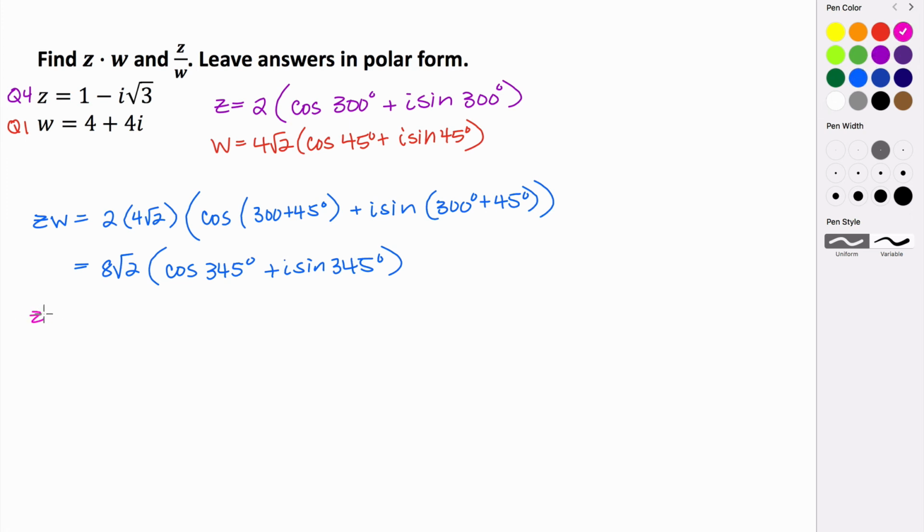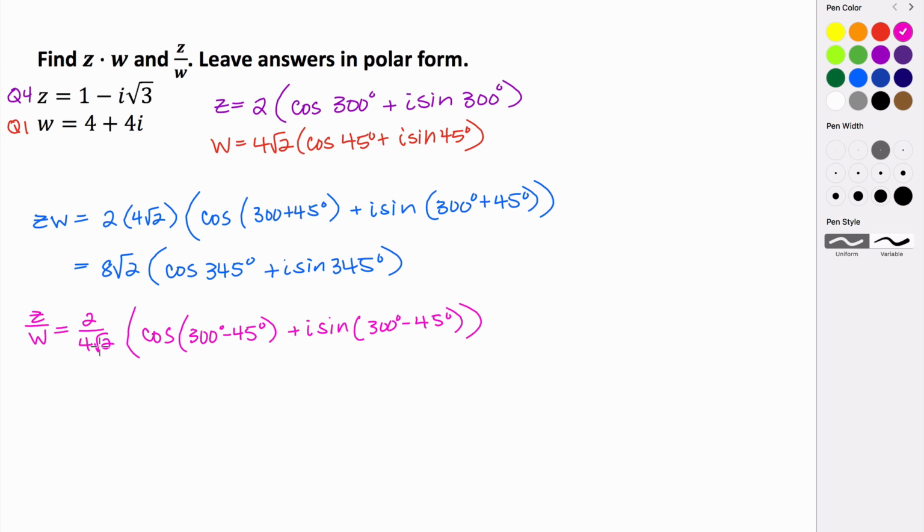So z divided by w. So this is going to be 2 divided by 4 rad 2 times the cosine of 300 degrees minus 45 degrees plus i times the sine of 300 degrees minus 45 degrees. So 300 minus 45, that's going to be 255 degrees.